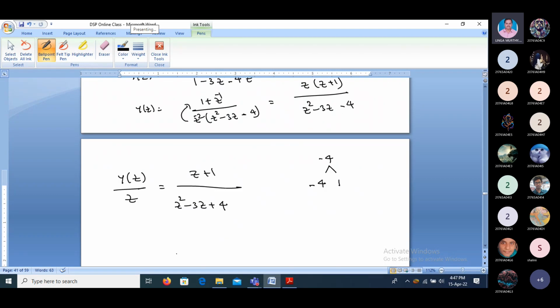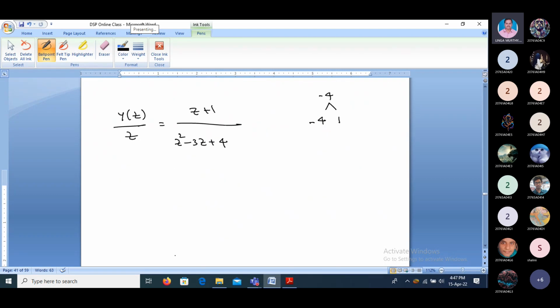According to this, the roots are plus 4 minus 4 and plus 4 plus 1. So z plus 1 divided by z square minus 4z plus z plus 4. From this, z plus 1 divided by z common, so z minus 4 plus 1 z minus 4.